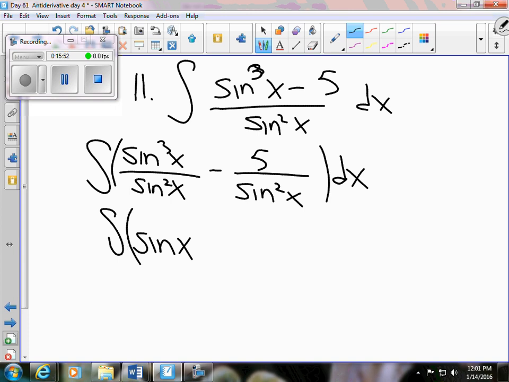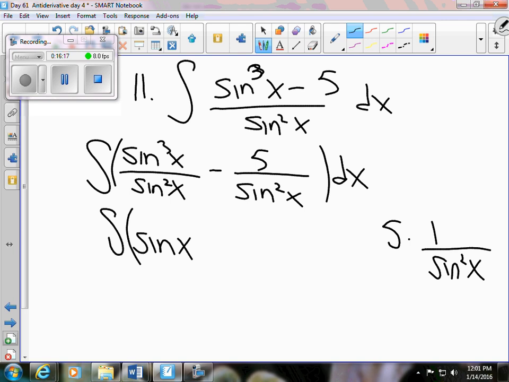Now, the next one is a pain, because if I just leave it as minus 5 over sine squared x, I don't know how to integrate that. I don't have a formula. You can change it to cosecant, because you can think of that as 5 times 1 over sine squared x.